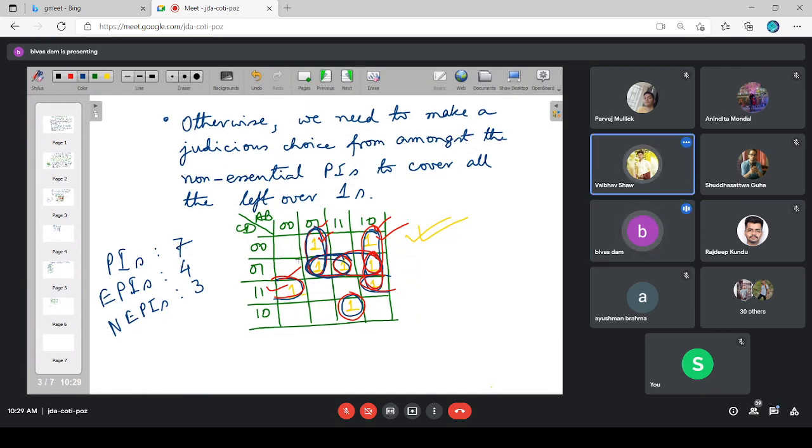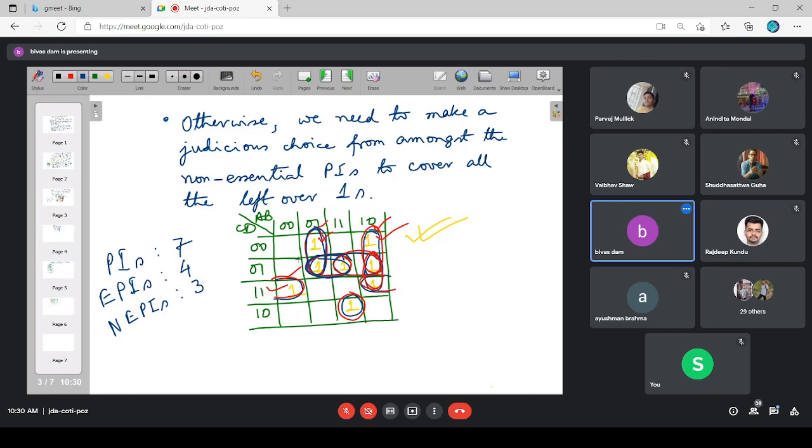When you are going for the pair formation, you have to go for all possible pair formations. After pair formation only, we shall check. After considering all possible pair formations, then only we will check whether all the ones are getting covered or not. I know in class 2, once all the cells are covered, you stop at that instant itself. Sir, that concept is totally wrong. That's why I mentioned that you should erase those memories.